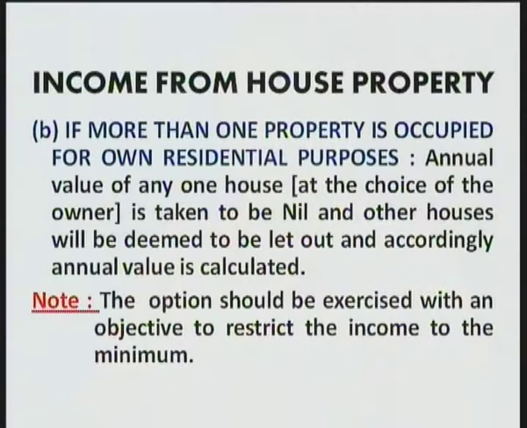So the annual value of any one house at the choice of the owner is taken to be nil, and other houses will be deemed to be let out, and accordingly the annual value is calculated. Now the option should be exercised with an objective to restrict the income to the minimum.